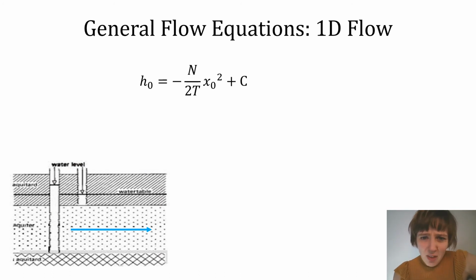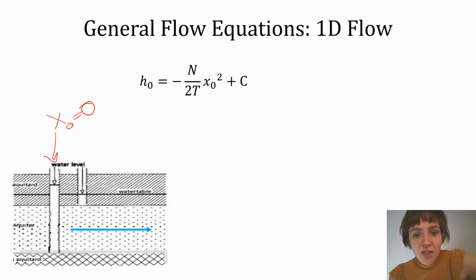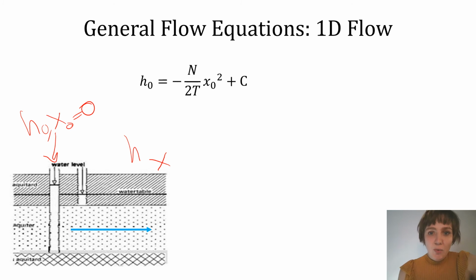So I'm going to say that at the well here at x naught, I'm going to set x naught equal to 0 actually, and then some distance away, we'll just call it x, okay? So we're going to have a hydraulic head at the well, h naught, at a distance of 0, and farther away at a distance x, we'll have some other hydraulic head, which we will just call h.